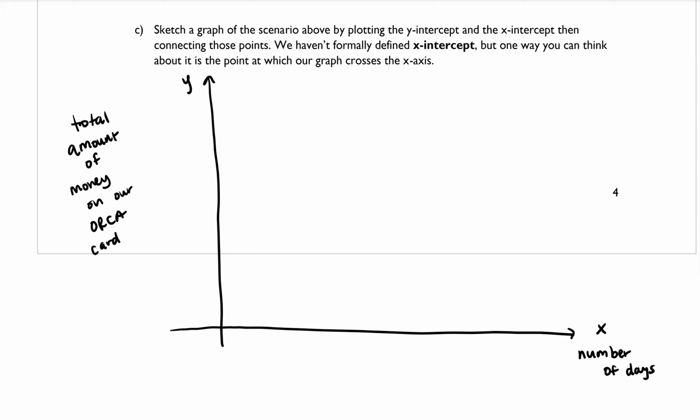Okay, and we know that we start off with $99 on our Orca card, so I'm going to just sketch this and go by 20s. And then we know that it takes 18 days for our money to run out. So on our x-axis, I'm going to go by 3s. So 3, 6, 9, 12, 15, and 18.